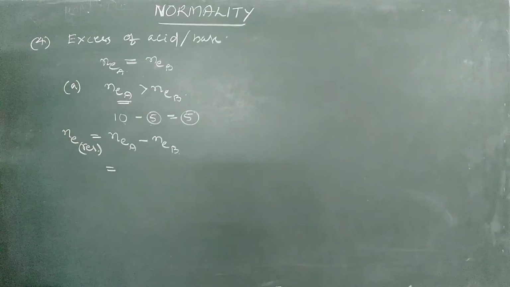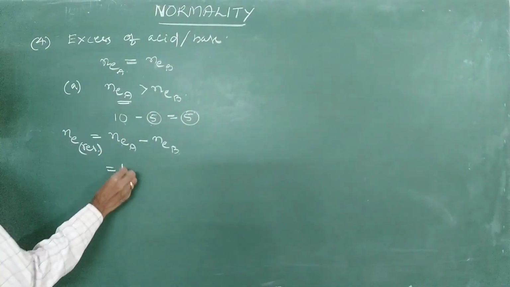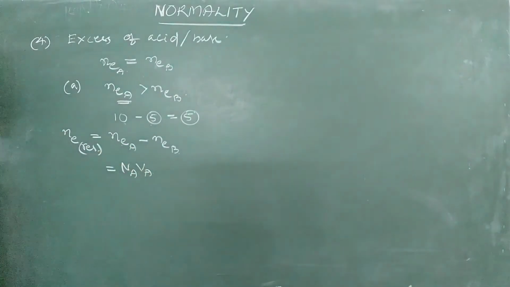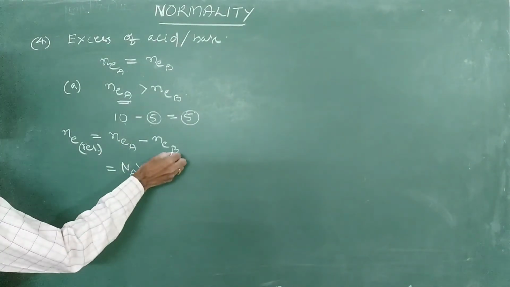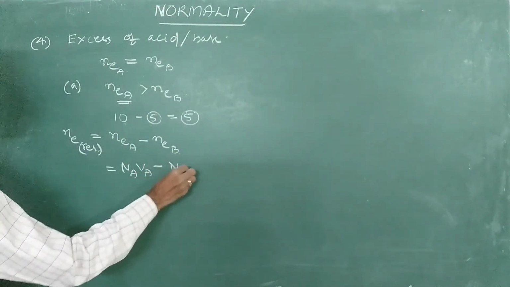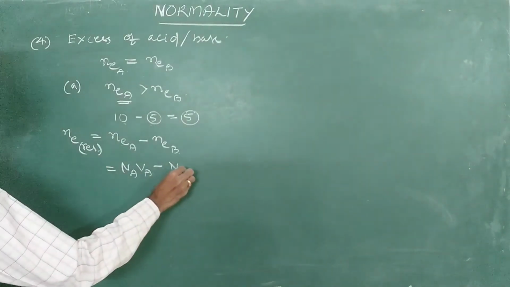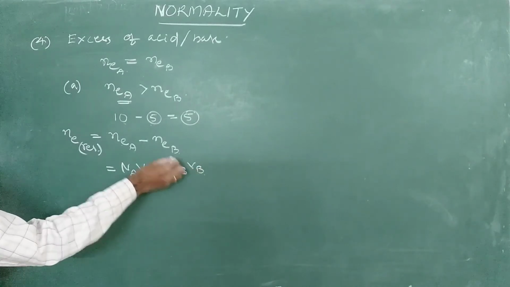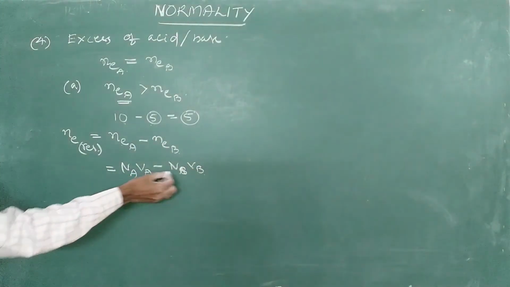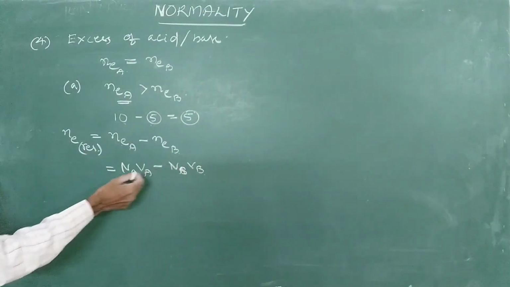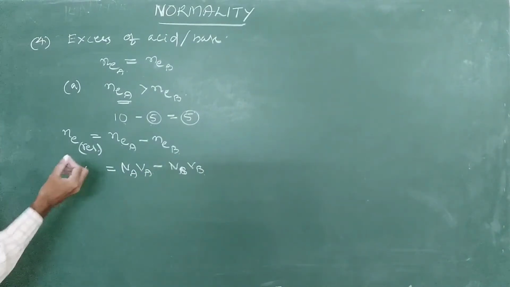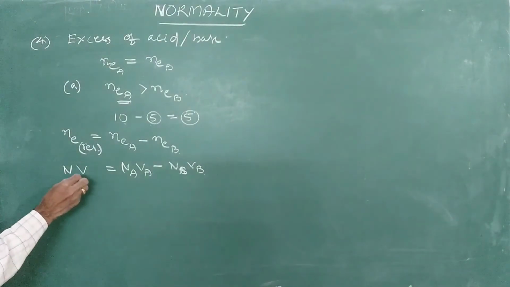Now this can be substituted with NaVa, normality into volume gives number of equivalents of acid, and this can be substituted with NbVb, which gives number of equivalents of base. So this difference is equal to what? Normality into volume of the resulting solution.